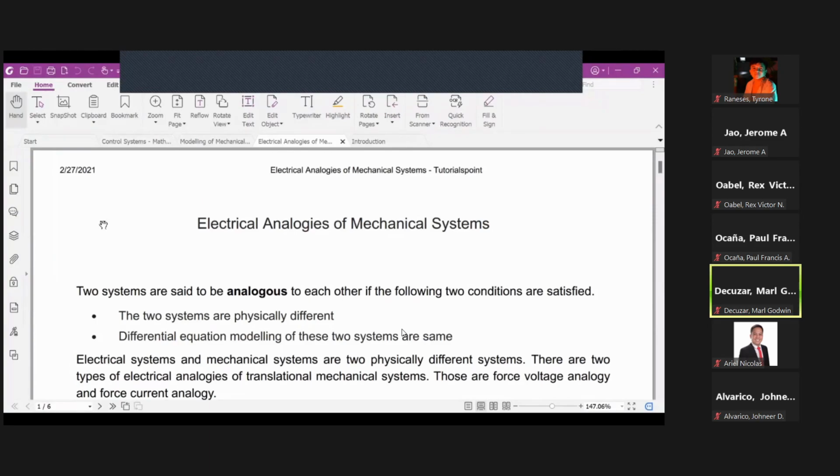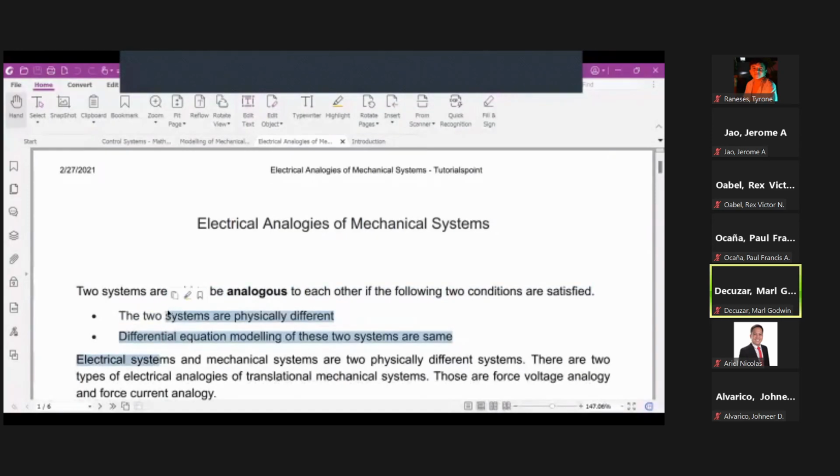Meaning, kung i-compare natin yung two different physical systems and we analyze them having a differential mathematical model, we can say that their differential mathematical models are the same so that we can have the analogy of those two different physical systems.